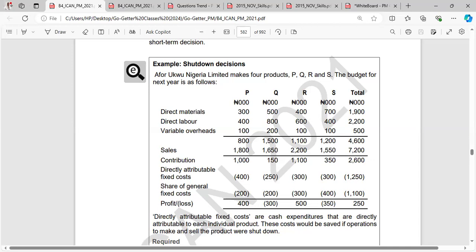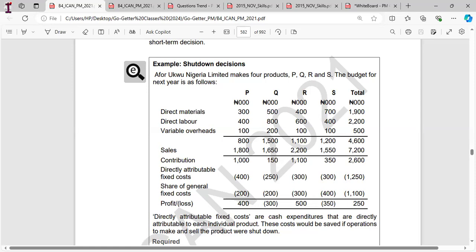Now when you compare this with the sales revenue per each of the products, you find out that if you remove 800 from 1,800,000, the contribution is a positive one, making 1,000,000 naira contribution. Every product here is making a contribution.